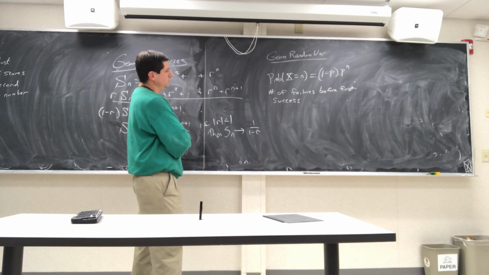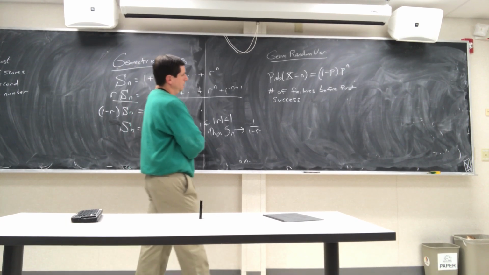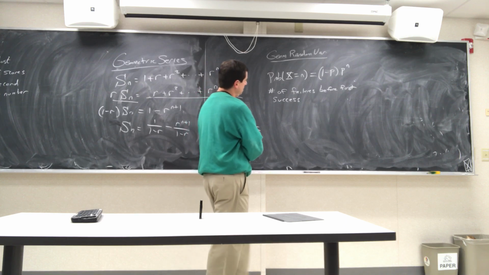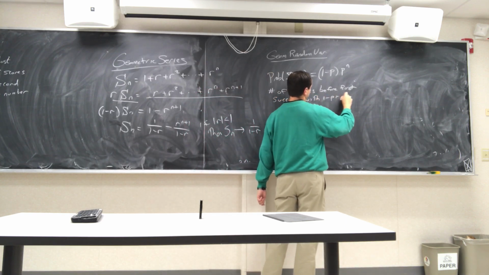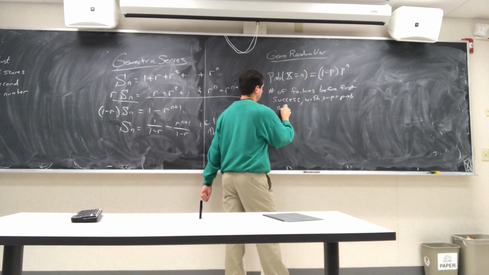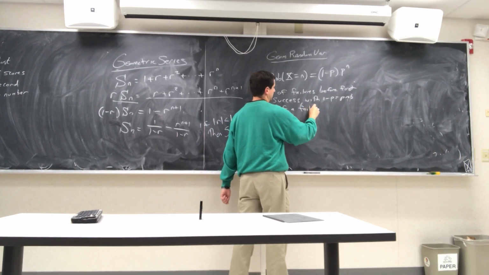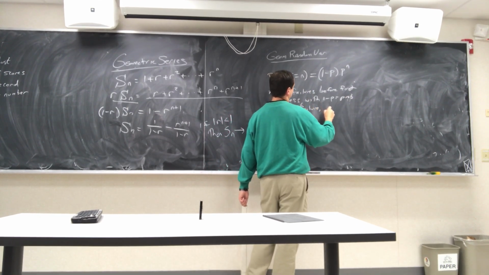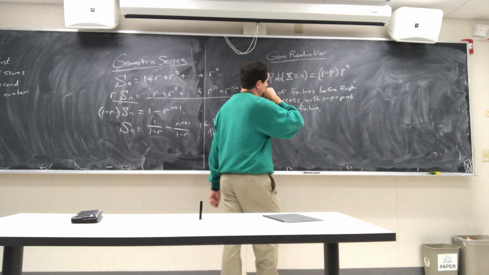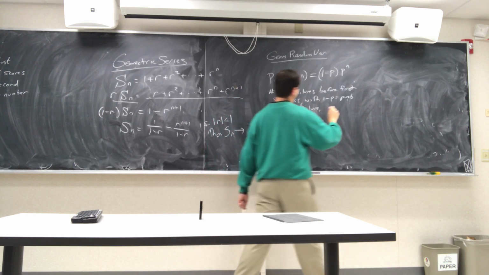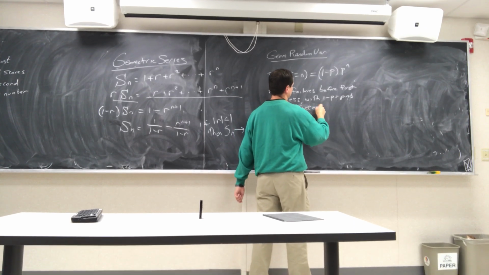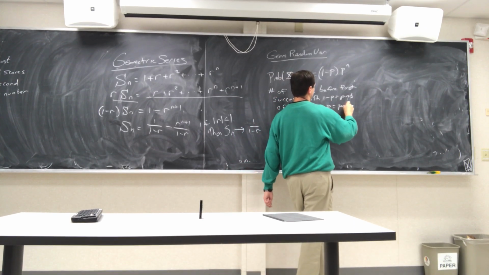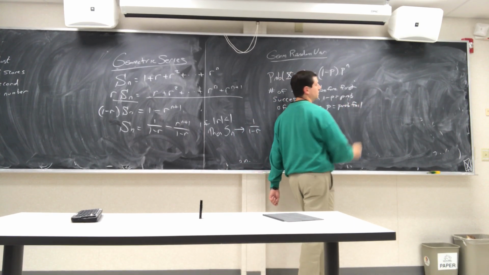So if n equals 0, with 1 minus p equal the probability of a failure. No, 1 minus p is the probability of success, and p is the probability we fail.